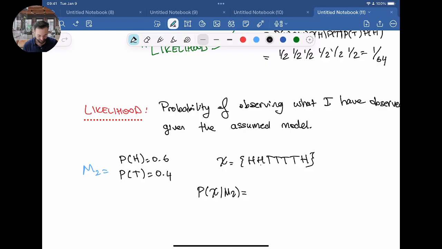There are 1, 2, 3 heads, so 0.6 to the 3, and 1, 2, 3, 4 tails, times 0.4 to the 4. So this is the likelihood. And now you can see that the likelihood of some other model assumption, meaning a fair coin, or a coin that favors tails more, might have a higher likelihood.